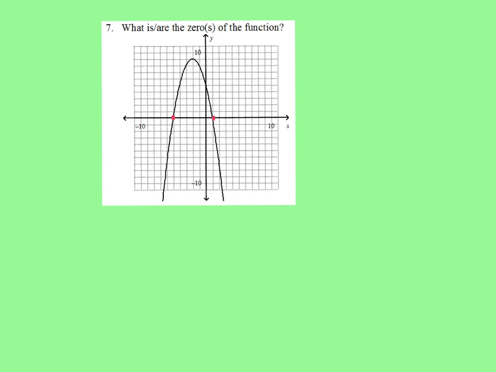Those happen at x equals 1, and x equals negative 5. That's your answer. All you have to do is identify where your function crosses the x-axis and then state those two values.